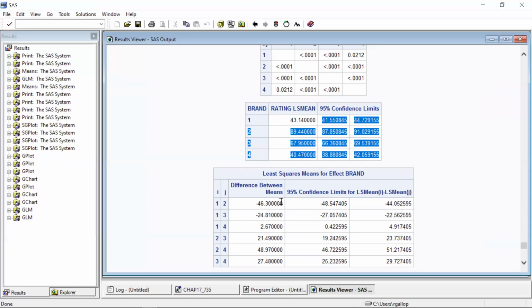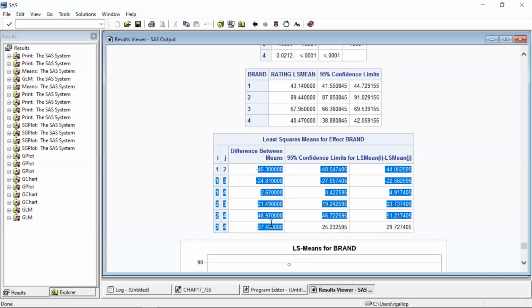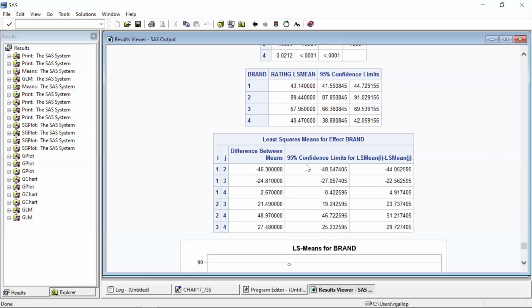And then here, one cool thing with the LS means command is it's going to give me the estimated mean difference for the 4 levels, as well as the 95% confidence interval for the mean difference. So again, this is level 1 compared to level 2.